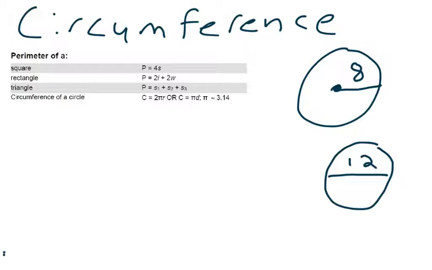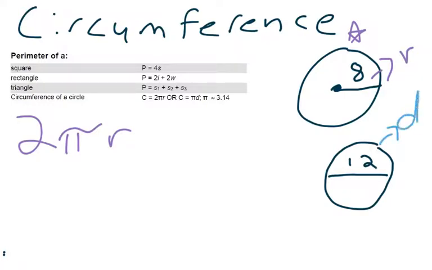Our formula for circumference is 2 pi r. Now r is just the radius of the circle, halfway across the circle. So here on this circle, my radius is 8. You'll notice I have this other circle below where a line goes all the way across. That is called the diameter.